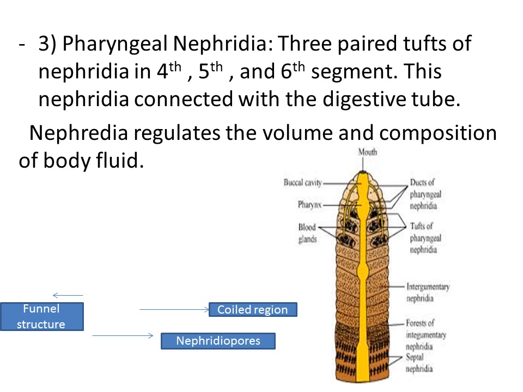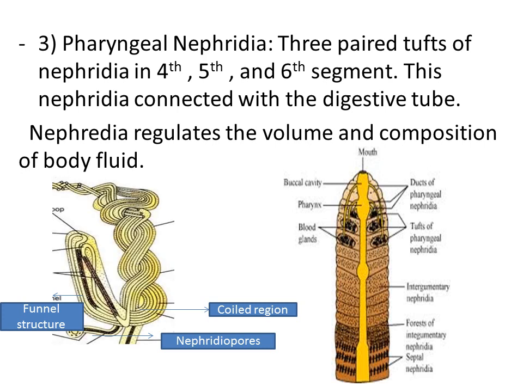So children, in order to understand the function of nephridia, first you have to understand the structure of nephridia. The three types of nephridia we have studied differ only in their location. But if you see the structure, all three types of nephridia have the same appearance.